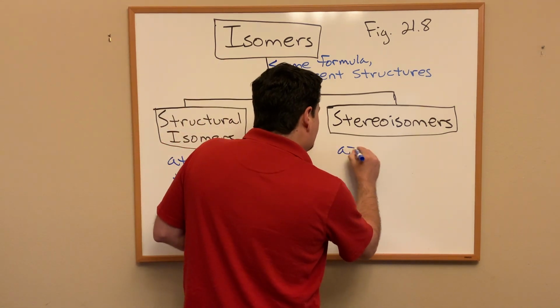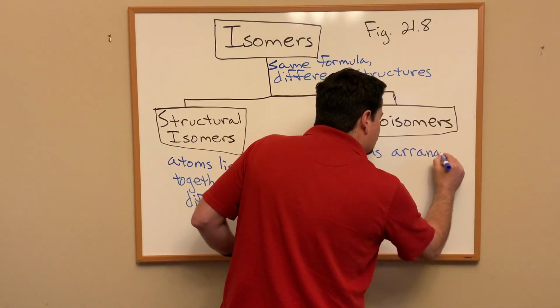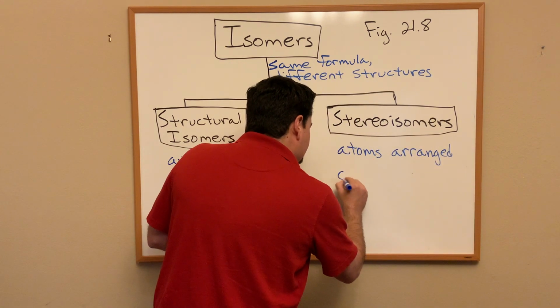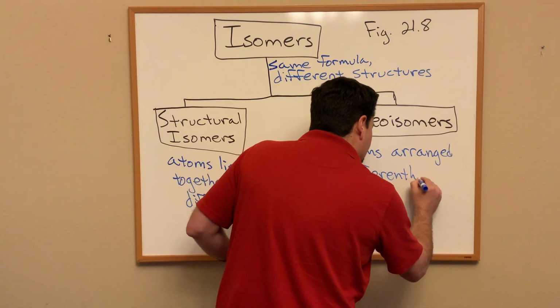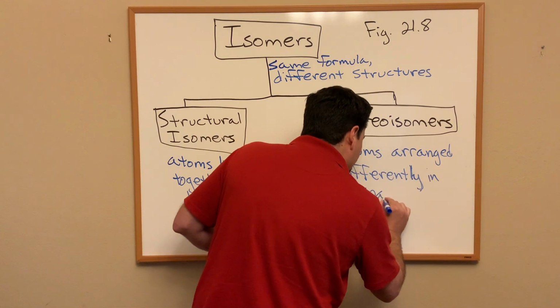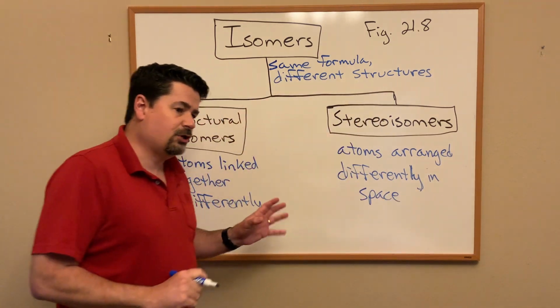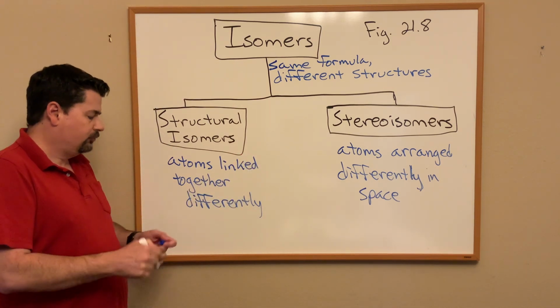So atoms arranged differently in space. And we'll look at some examples of each of these in just a little bit.